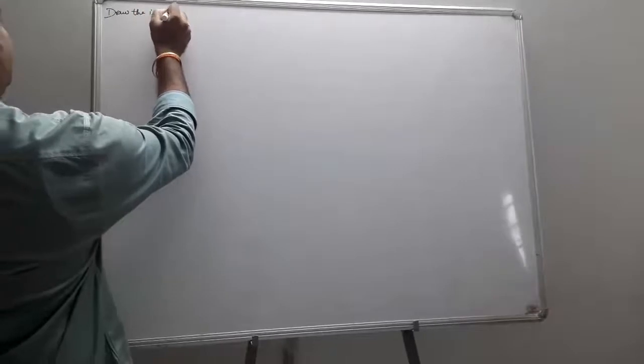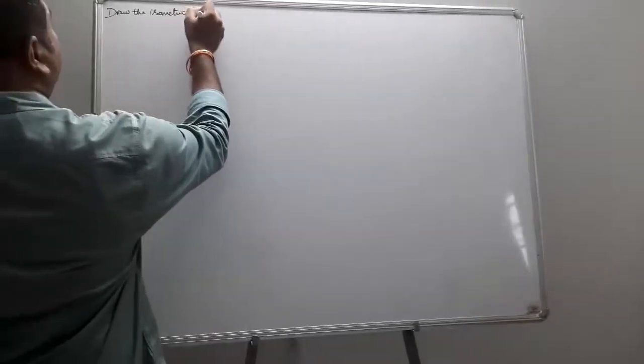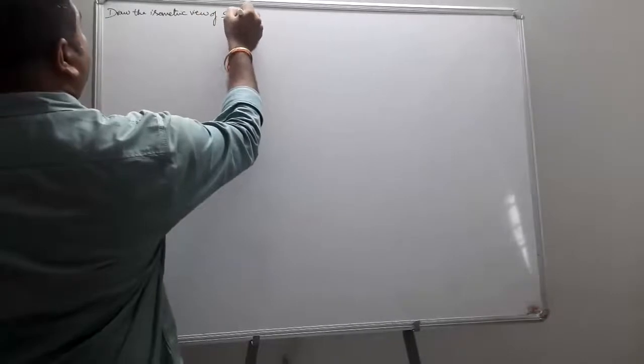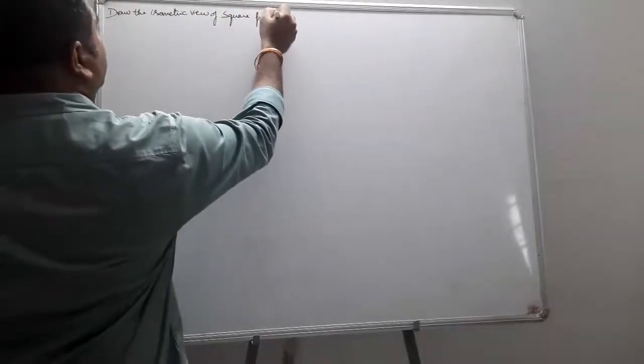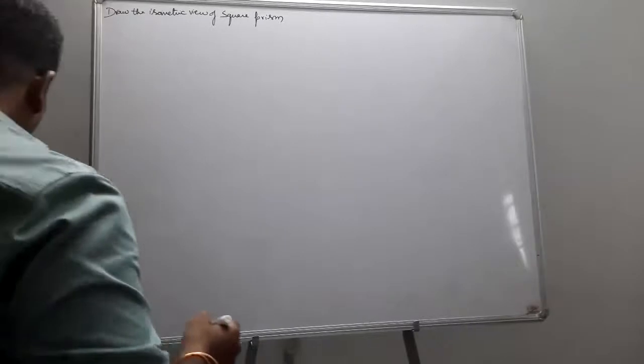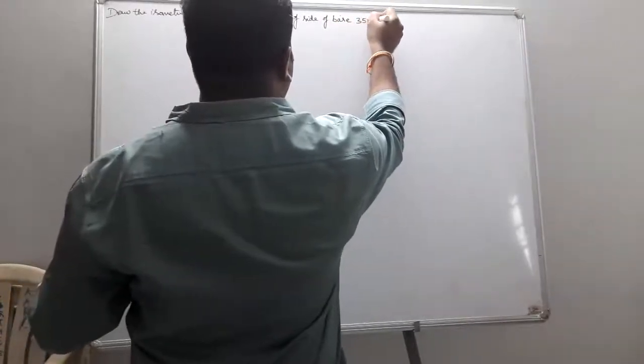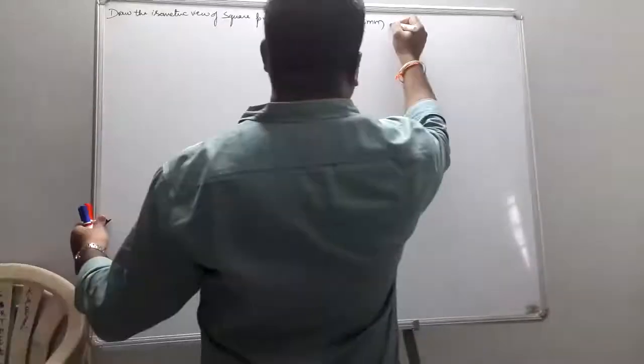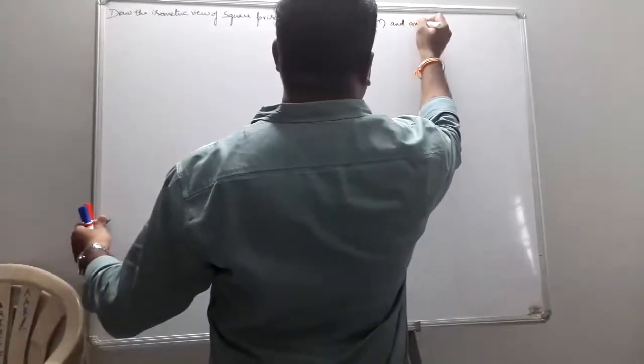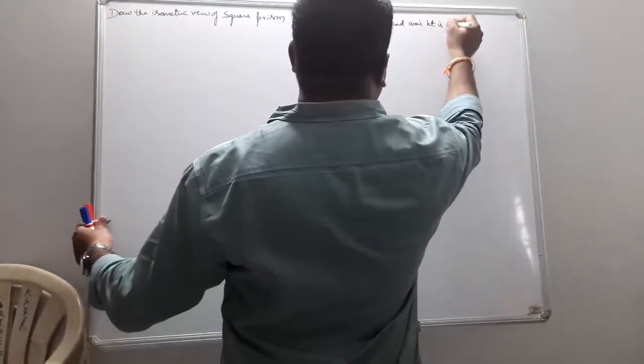Draw the isometric view of a square prism of side of base 35 mm and axis height 65 mm.